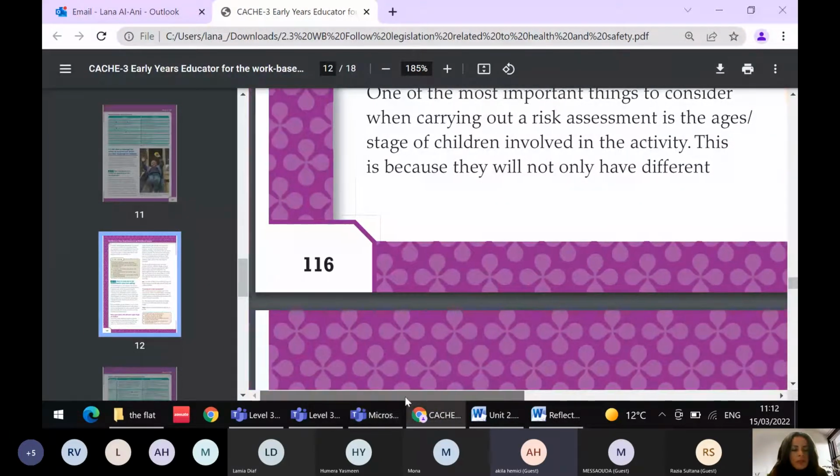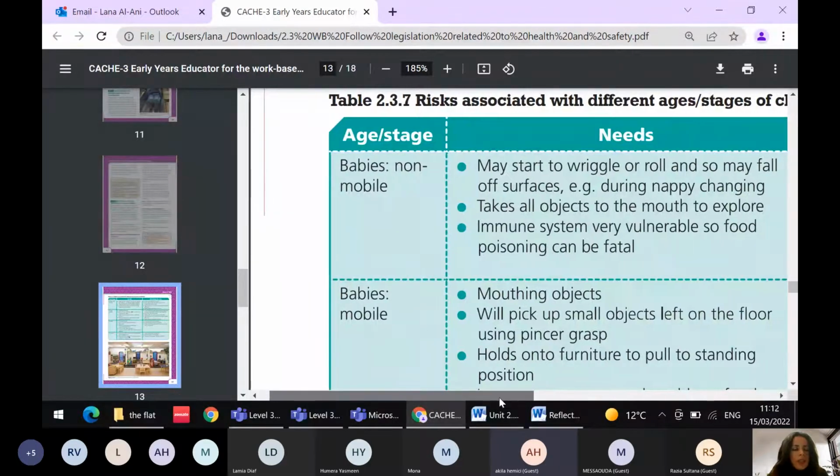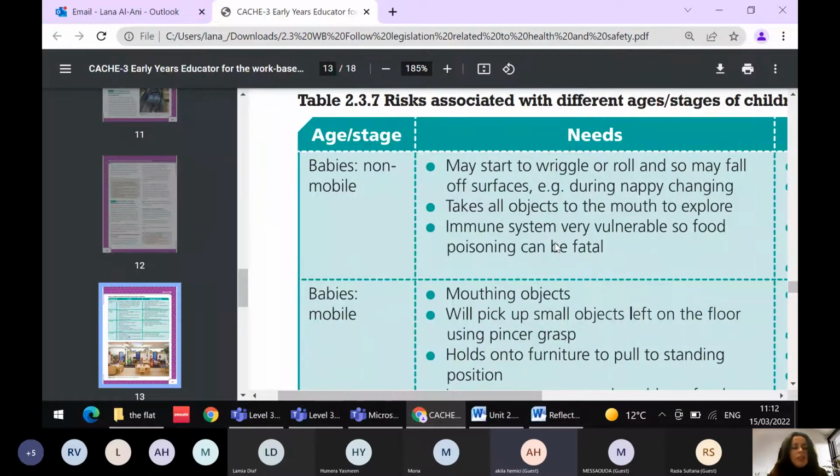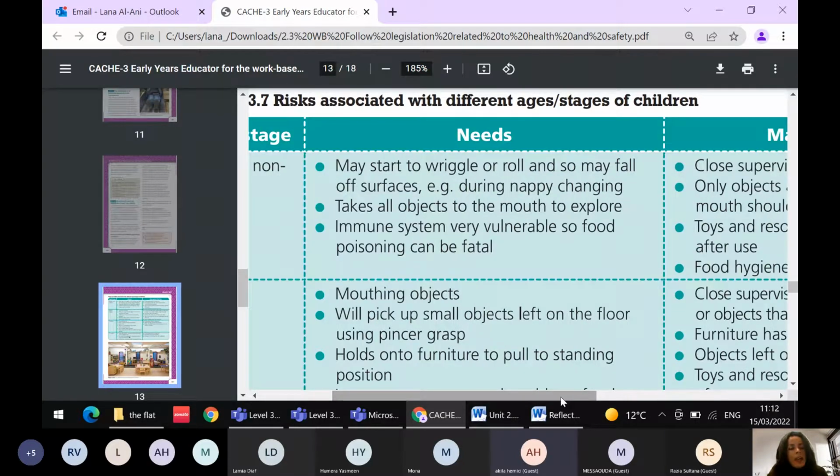The second thing we need to do, so here there is more risk involved. You can say if the babies are non-mobile, they maybe start wiggling and then they might fall from the surface if they keep moving, or maybe during nappy changing.